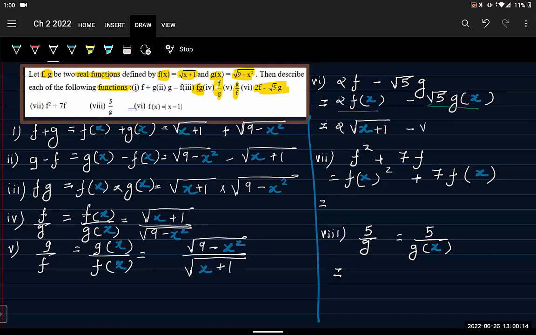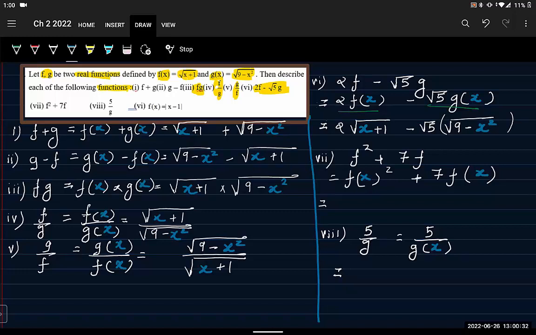So we'll write root 5 as it is, and then inside the bracket I'll write g of x, which is under root of 9 minus x square. We want to further simplify the function.